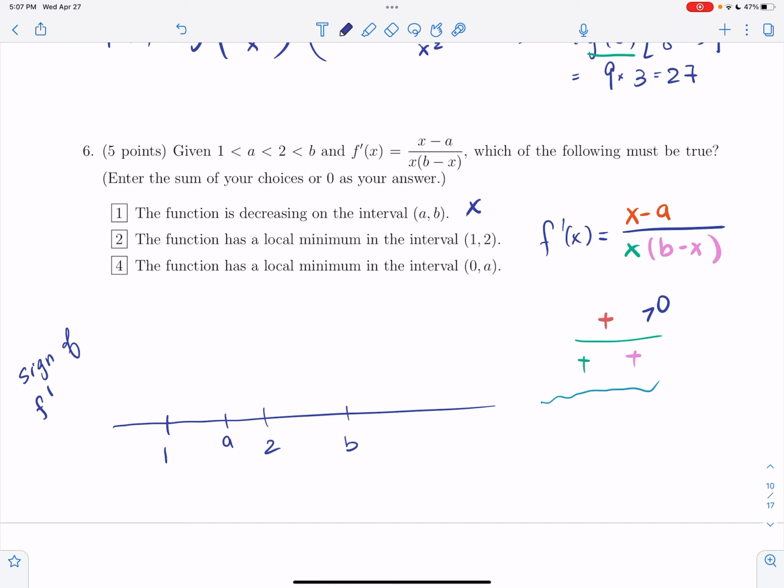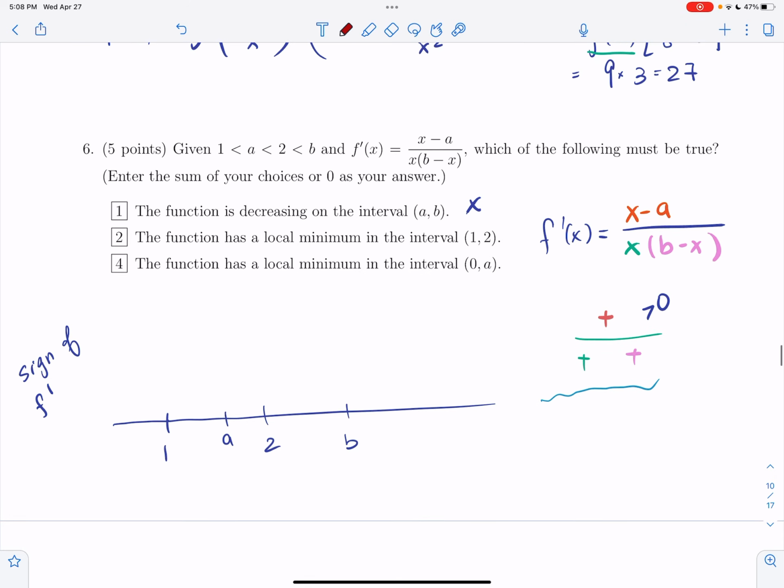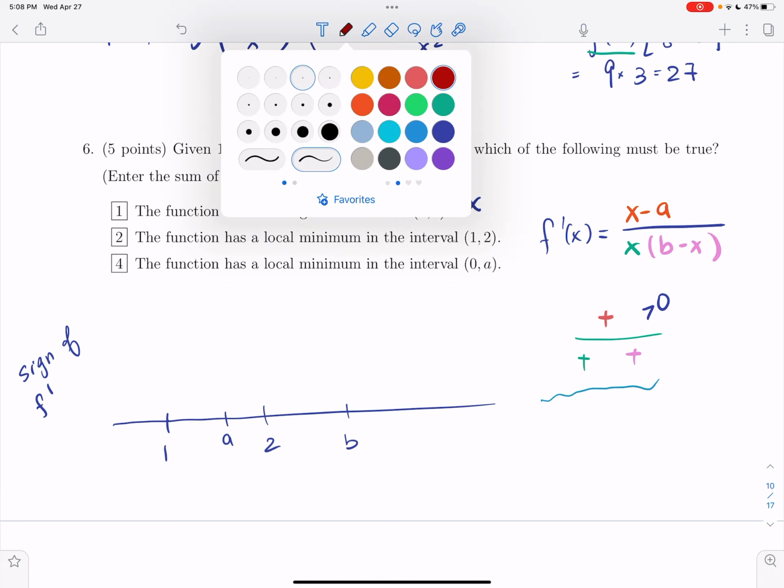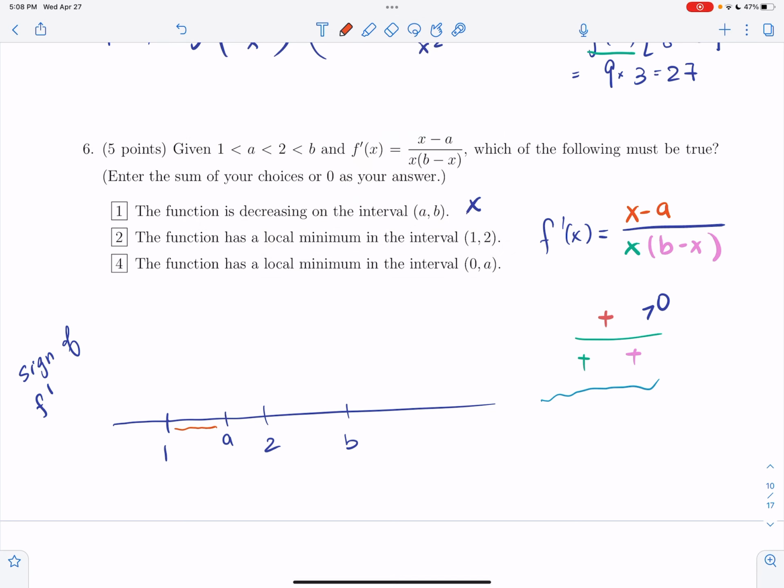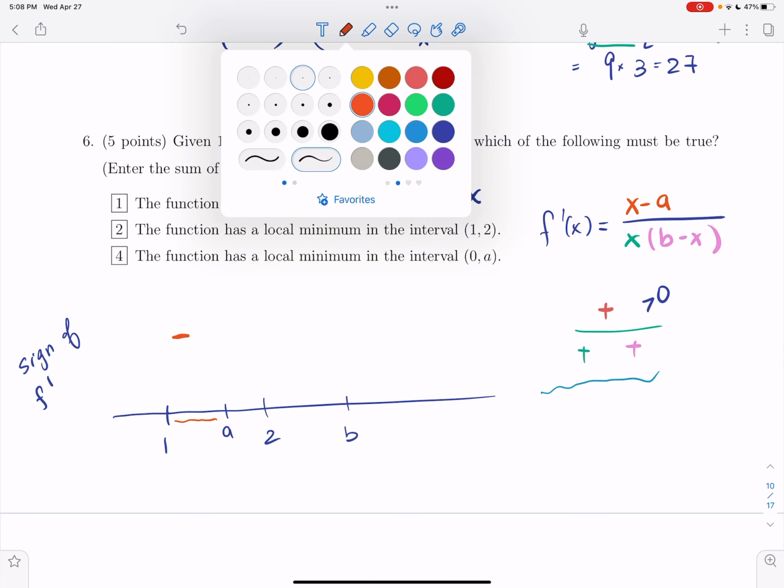If x is in 1 to 2, what's going to be x minus a? Let's take each of these separately. Suppose you're in the interval 1 to a. Then x minus a will be negative. That's the numerator of f prime.